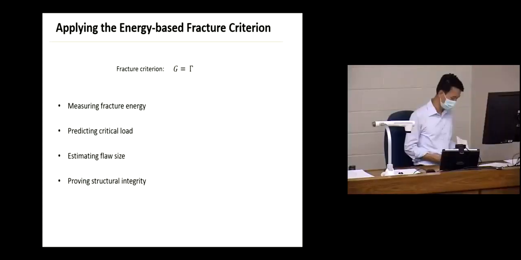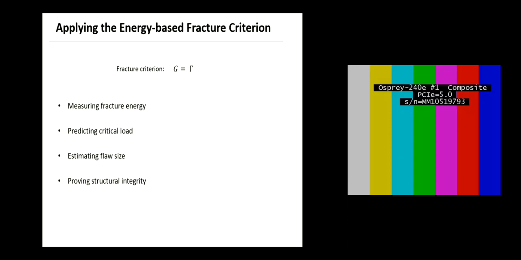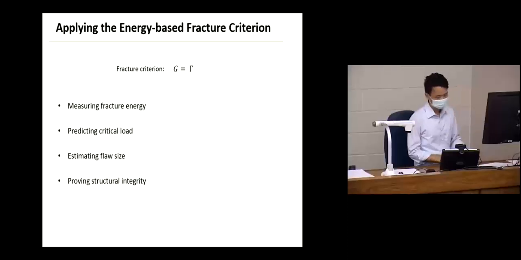Just one more word on fracture energy. Fracture energy is a material property, but again it is very dependent on external conditions as well, such as temperature and moisture. We talked about that briefly.